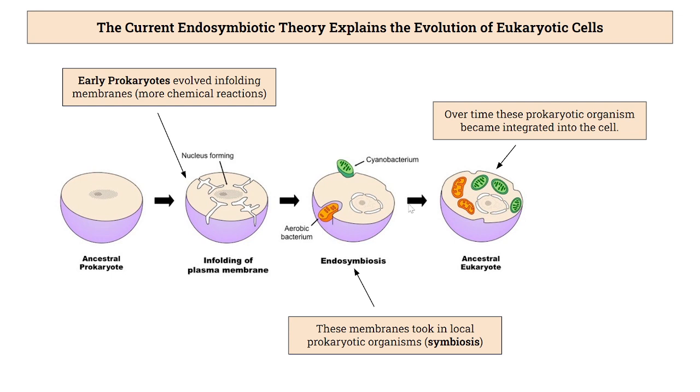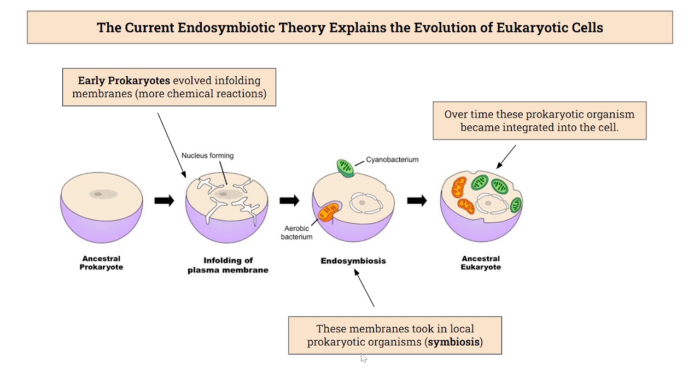Now, in these enfoldings, you started to design some of the earliest organelles. So here we have the nucleus. And then in some of them, it could even take in other prokaryotes. So we had a big prokaryotic organism here, and it started to take in other ones, things like cyanobacterium, which is bacteria that does photosynthesis, or aerobic bacterium, which are organisms that do cellular respiration.